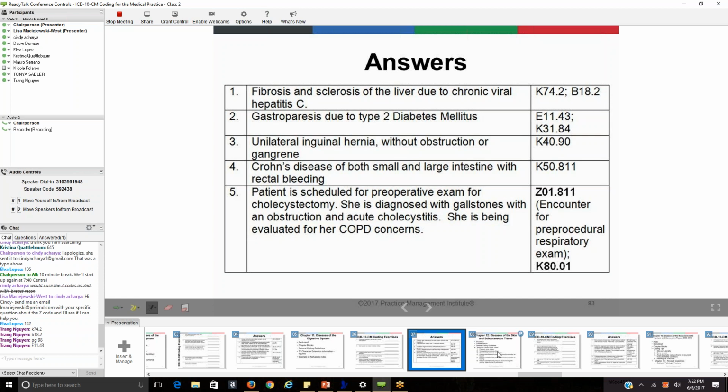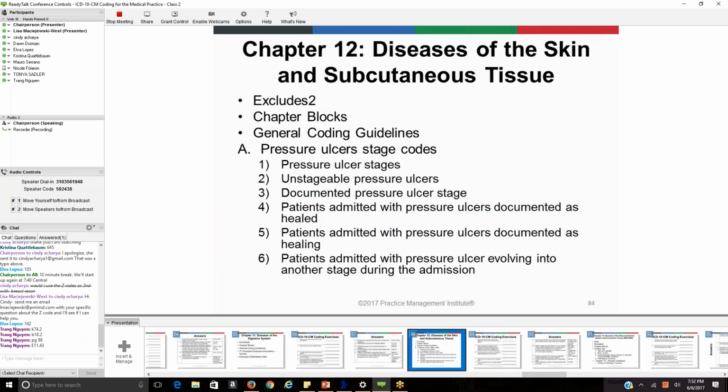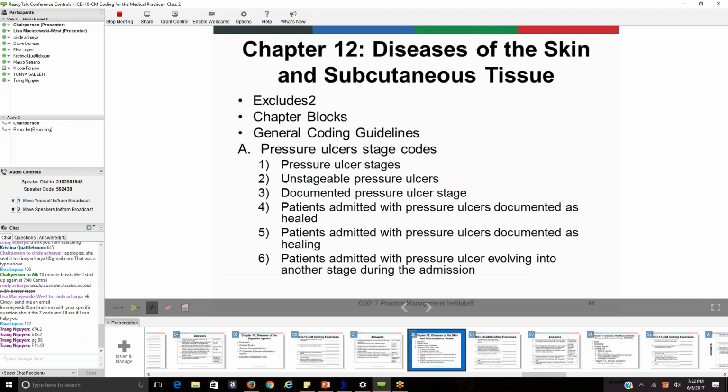Okay. Let's go to chapter 12. Diseases of the skin and subcutaneous tissue. Now, these are your derm codes, but there are some chapter-specific guidelines in this chapter on pressure ulcers, or what is more commonly known as bed sores.